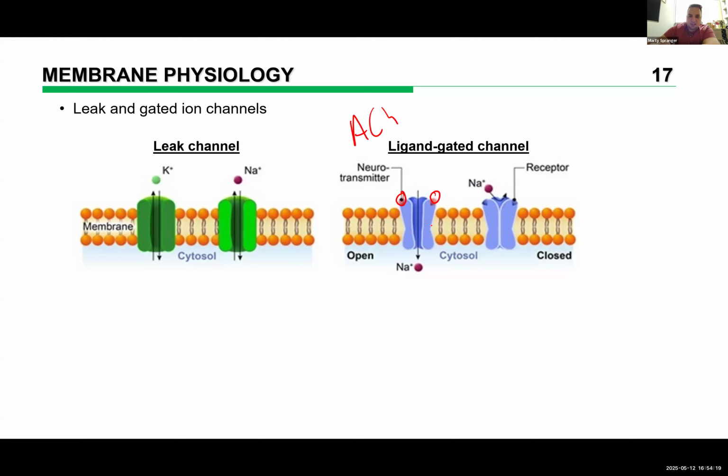And when acetylcholine binds, it causes a conformational change in that protein such that it becomes a channel, and moreover, a channel permissive to a specific ion. It's just amazing. So acetylcholine binds, it becomes a channel, and it becomes a channel permissive to a particular ion. This one's sodium. So we would call this a ligand-gated sodium channel.